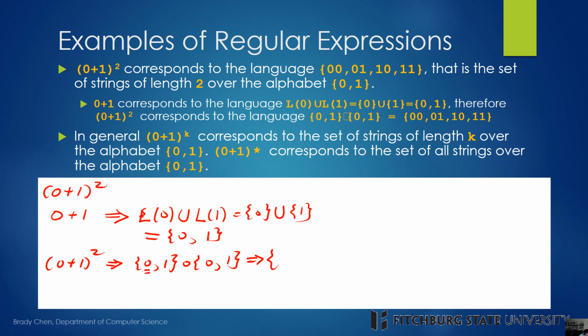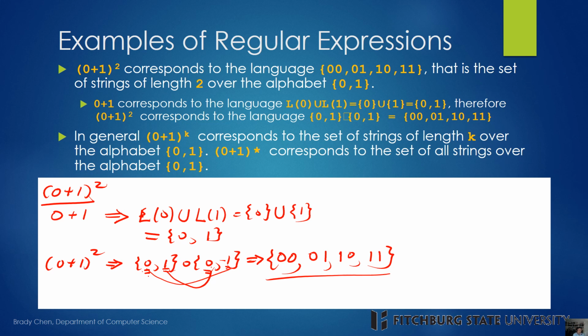You pick one element from the first language and one from the second: 0 0, 0 1, 1 0, 1 1. So this is the regular expression corresponding to the regular language {00, 01, 10, 11}, the set of strings of length 2 over the alphabet 0 and 1.